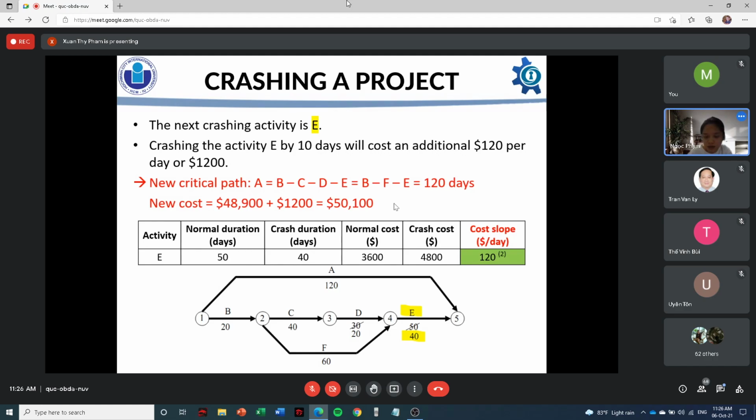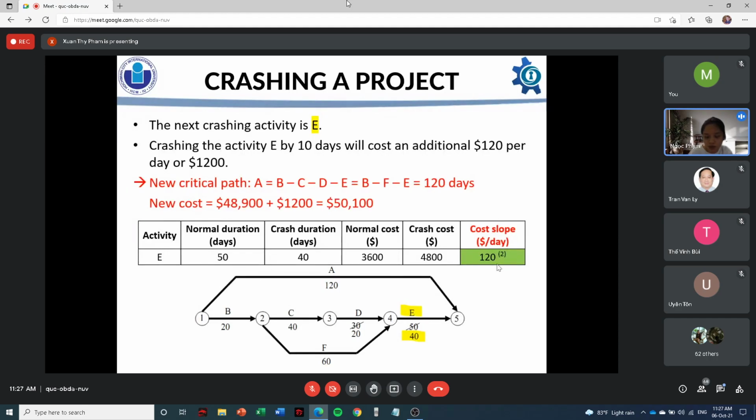In this, I mentioned the critical path is still B, C, D, and E. So although the critical path remains the same, however, activity D cannot be crashed anymore. So we will choose the smallest cost slope among the remaining activities.